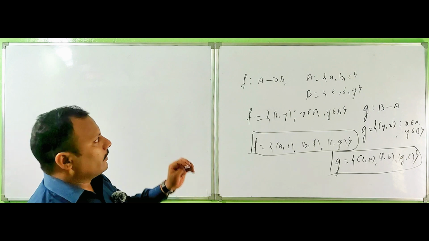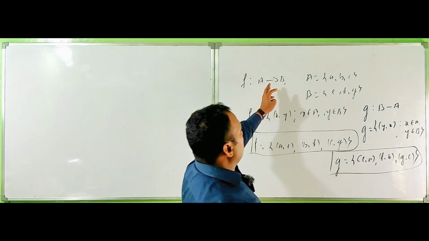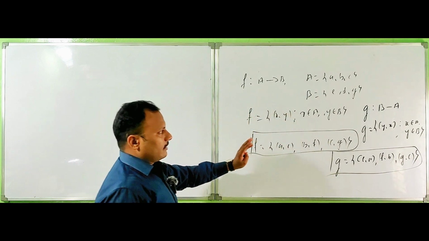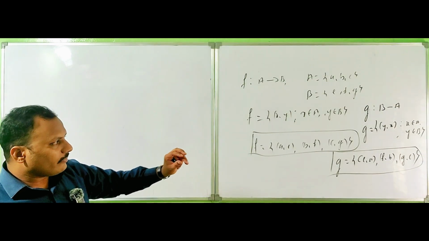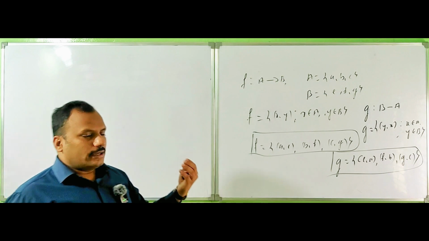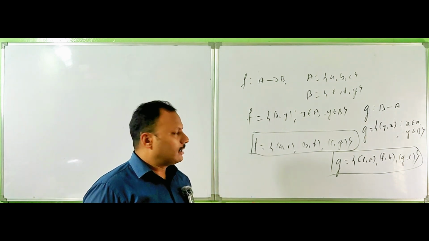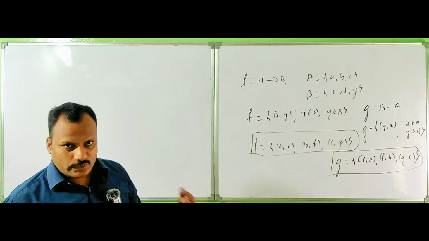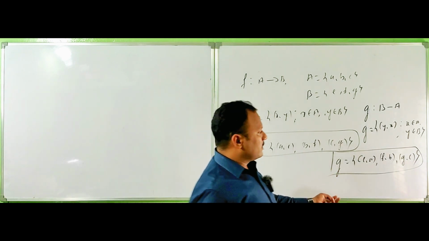Okay, let's define the invertible function. Inversible means that after making the inverse elements, if you take the inverse elements again, we get the same elements in reverse order.